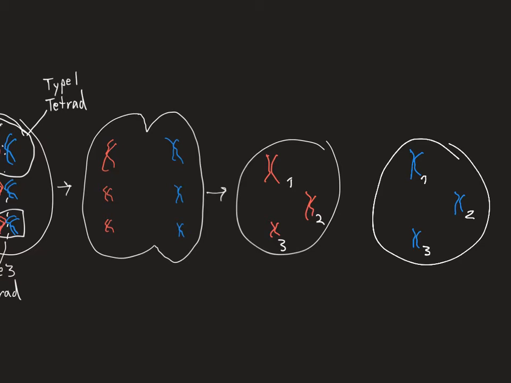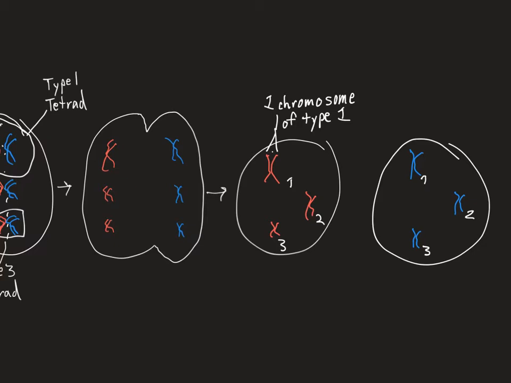Well, the answer is just 1, although this is made up of 2 sister chromatids. It's actually just 1 chromosome of type 1. Right, and we just have 1 chromosome of type 2 and 1 chromosome of type 3.